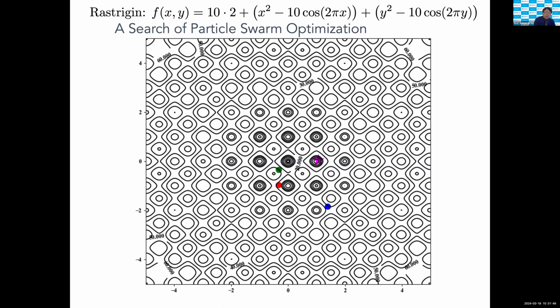This is the Rastrigin function, which is a multimodal function. In this function, there are many local solutions, and the center is the global minimum. Here is the global minimum. This is a typical search scenario using the standard stochastic PSO.